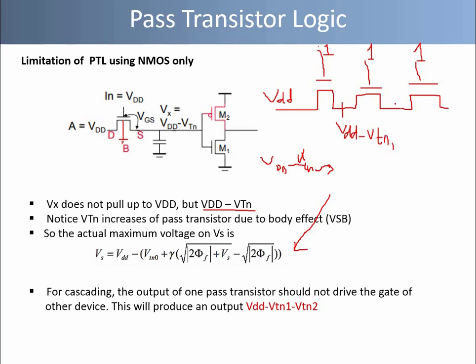The maximum voltage at the output of second transistor would be this quantity minus the threshold voltage of this transistor, which would be VDD minus VTN1 minus VTN2, and so on. So this is the main limitation of pass transistor logic, that whenever we have a simple cascade of pass transistors, then the voltage level will degrade after each stage. So pass transistor gates should be avoided in a cascade like this.